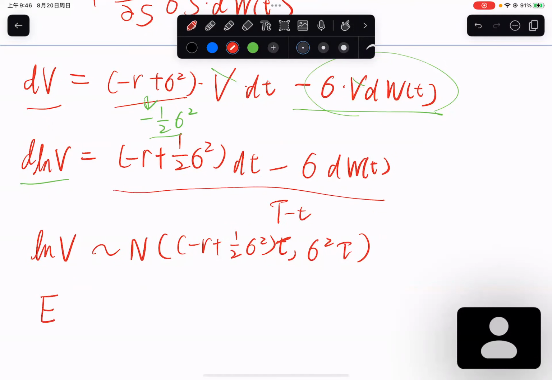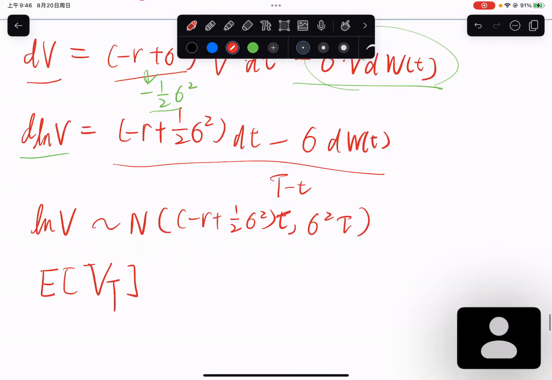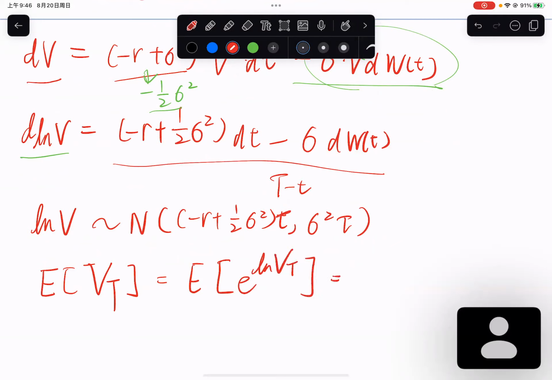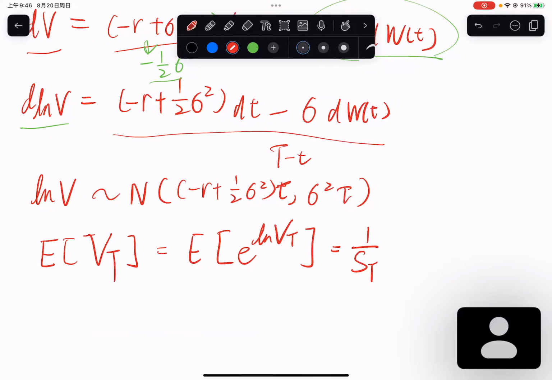And we can have the expectation of V at the eventual time is going to be the exponent of the expectation of log V_T, which is 1 over S_T, which is the value, multiplied by the probability function, which has the mean of this log V, which is negative r plus 1 over 2 sigma tau, right?